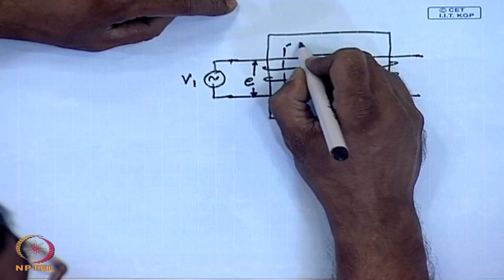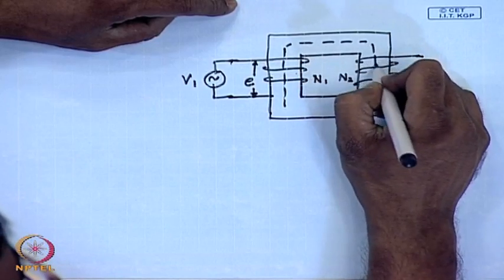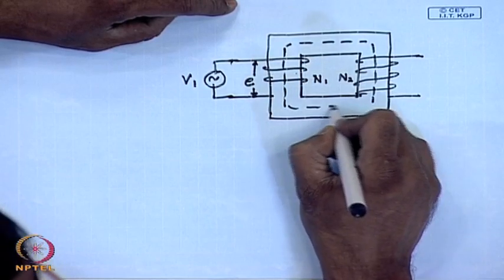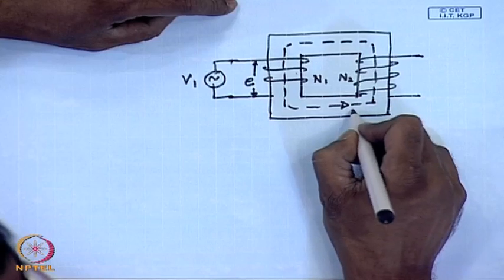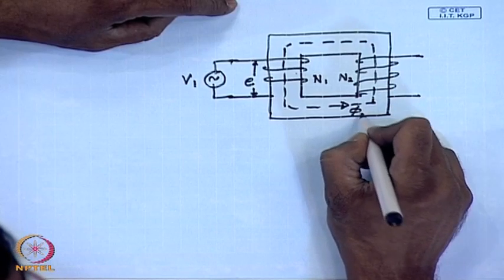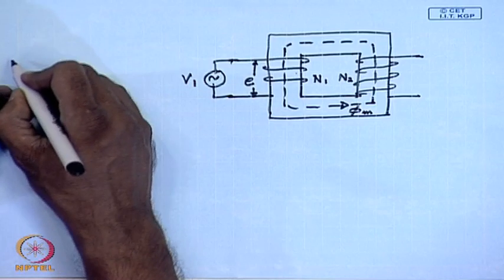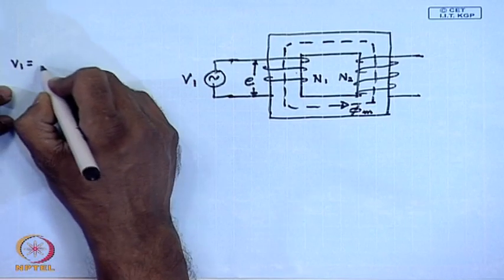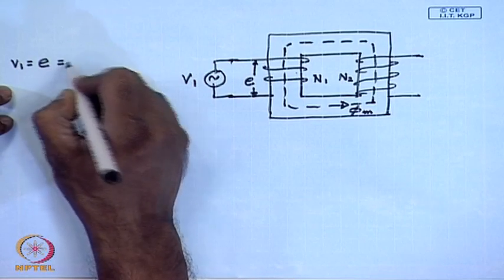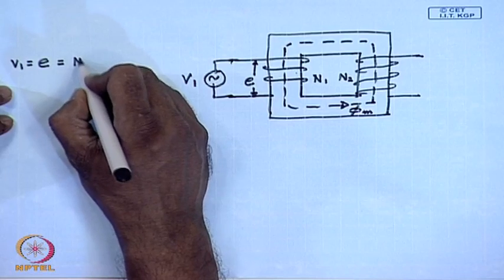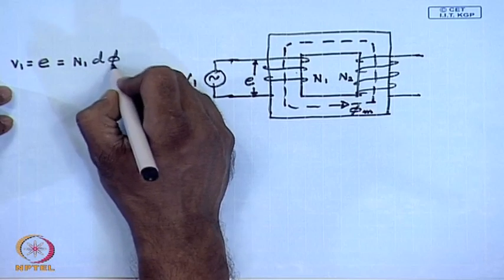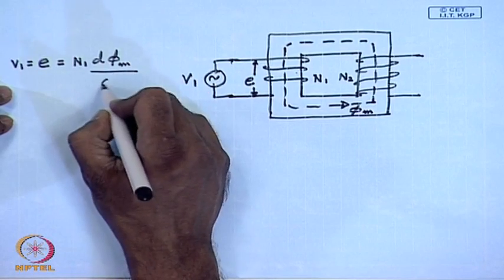But we know this is the mutual flux phi m. We know V1 equal to E equal to N1 d phi m by dt.